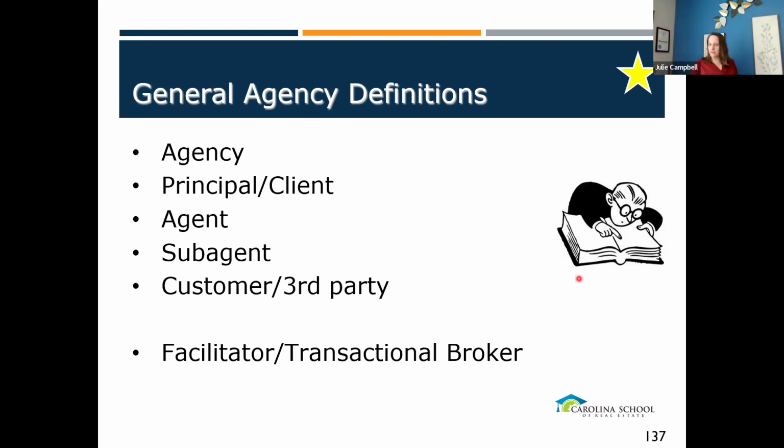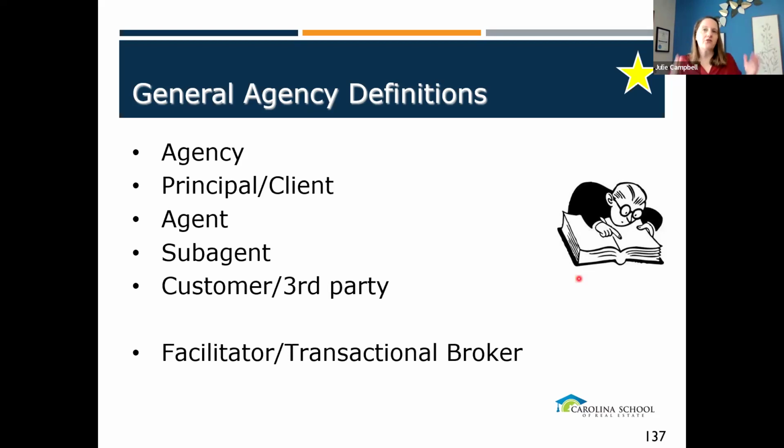And then we have this facilitator broker, also known as a transactional broker. With these types of relationships, neither party hires the firm. Both parties are unrepresented. In North Carolina, these types of relationships are not allowed, and I will talk more about that. So facilitator, transactional broker, you're not there for the best interest of the people.